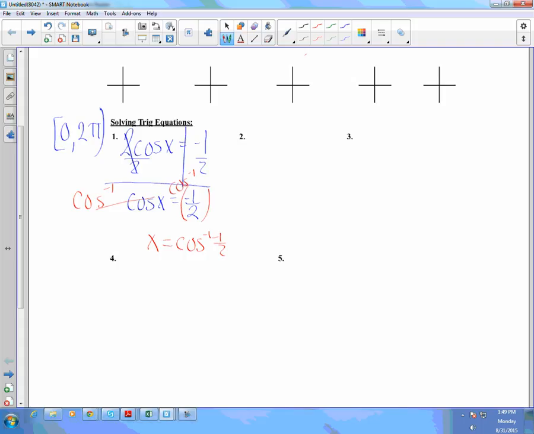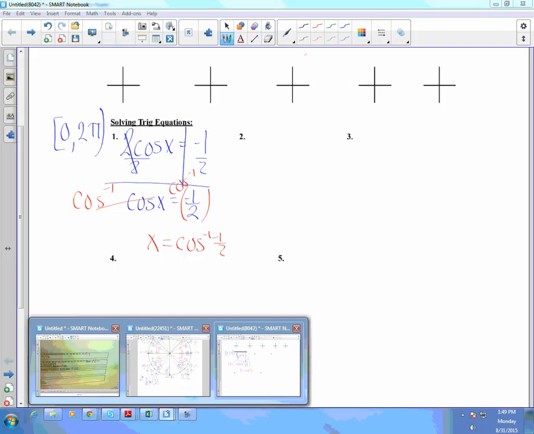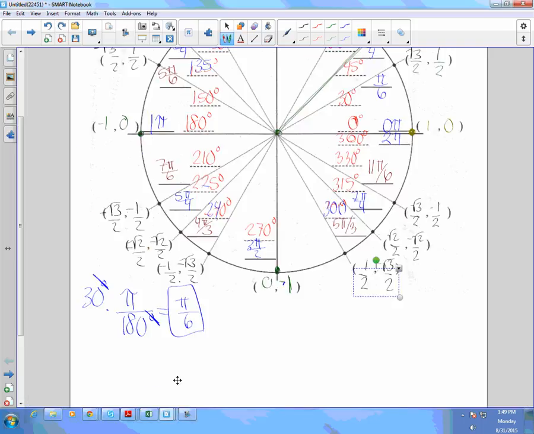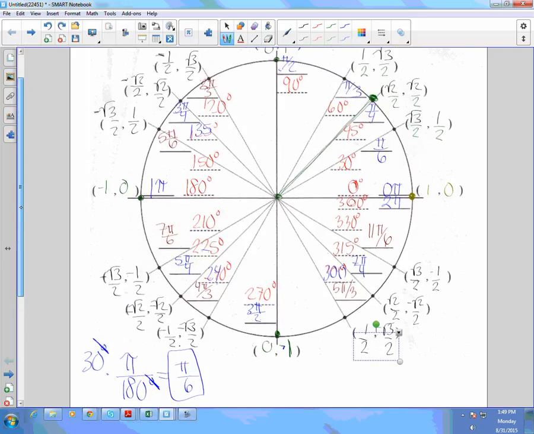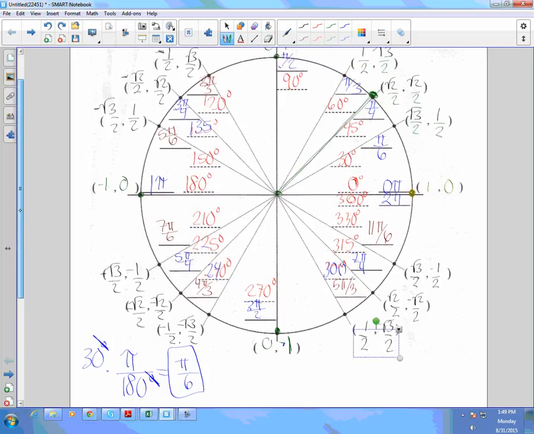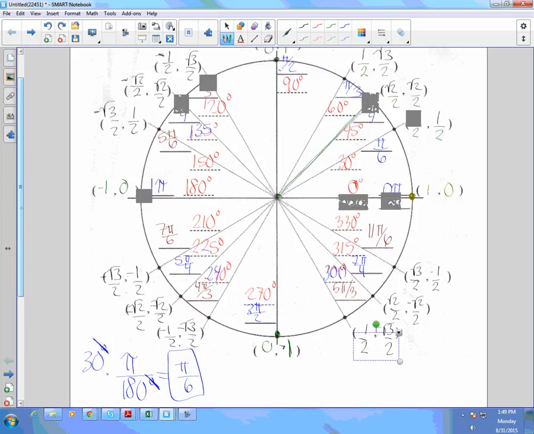I think it's actually easier to look right here in the blue. We do know which angle has a cosine equal to -1/2. Remember, cosine is x, the x-coordinate, and the cosine has to be negative, so it tells you second or third quadrant.